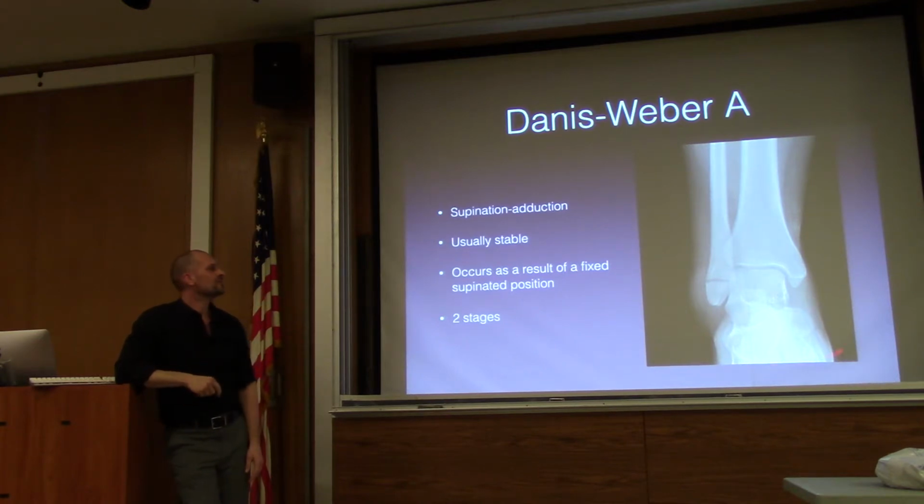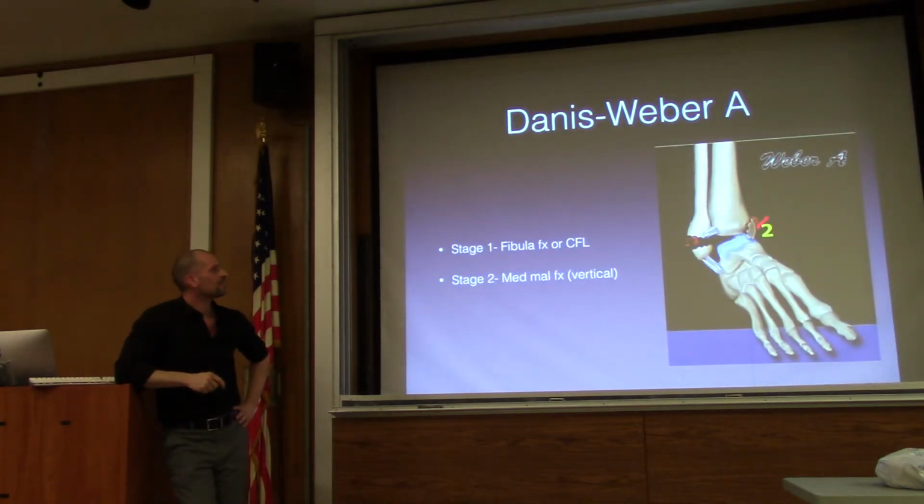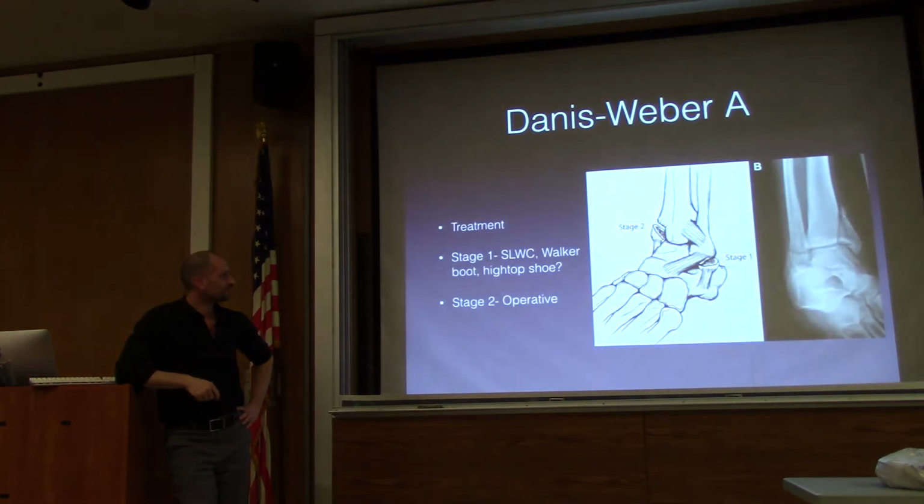Okay, that's the difference. These are almost always stable, but again, you're looking for any kind of medial malleolar fracture, and you're also feeling the deltoid ligament as well. Okay, obviously, like I said, one part is going to be an avulsion, so then you're going to have the talus push up, so you're probably going to see some kind of a vertical shear or an oblique fracture over the medial malleolus. Okay, and it's going to look something like this.